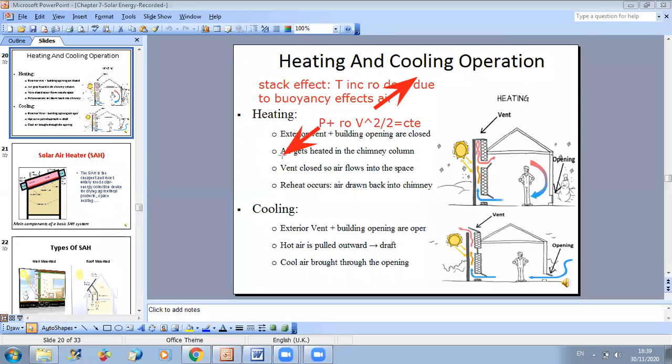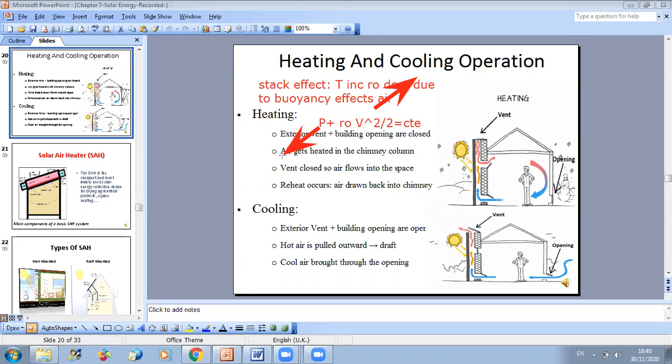This will lead to circulation of air in your space, because due to the pressure difference, air tends to go from the high pressure zone to the low pressure zone. And when you open your window, because of the low pressure outside, air will circulate out. This will lead to convection currents from outside to inside and from inside to outside.